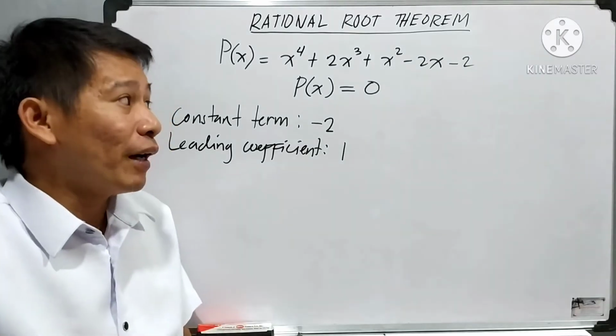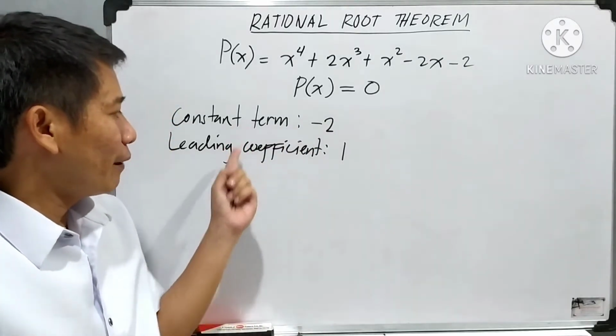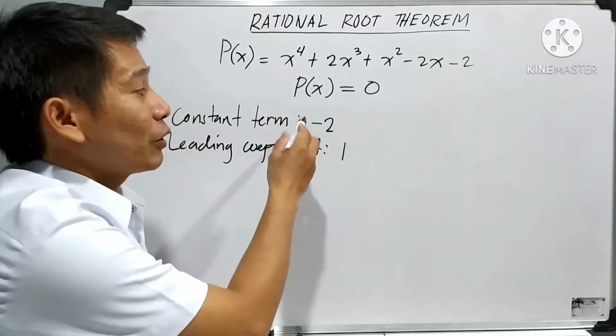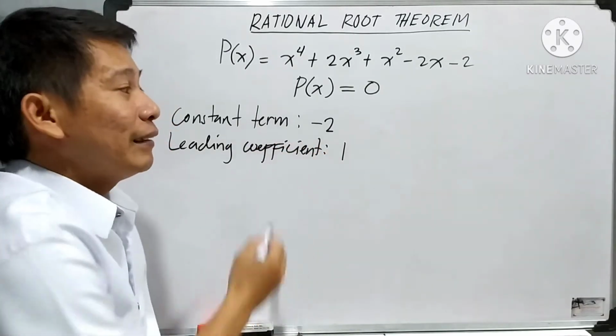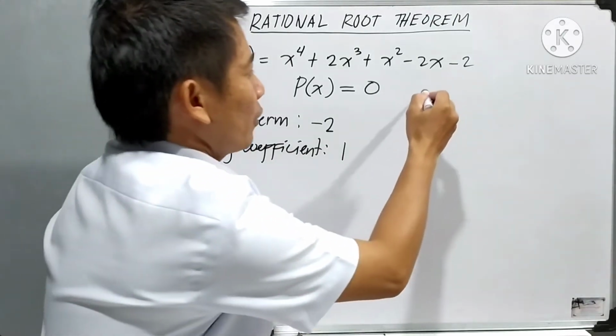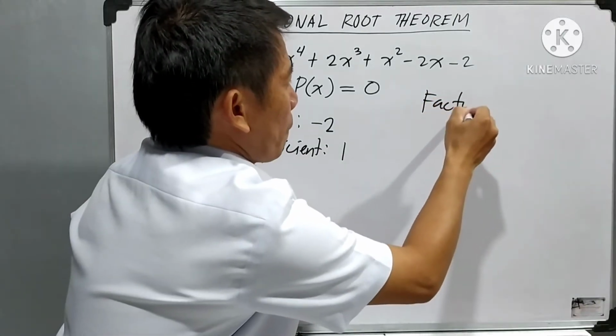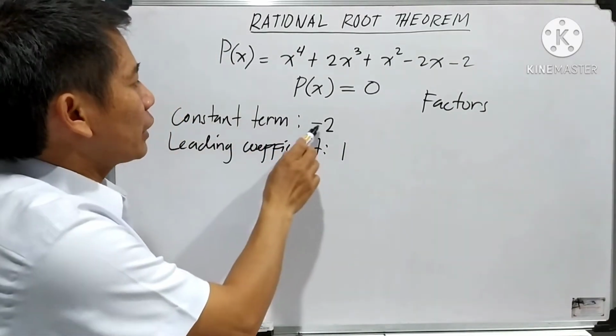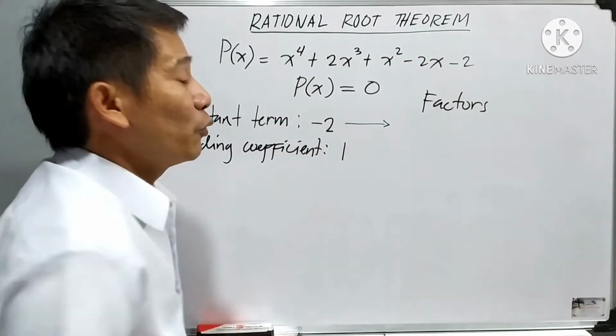So after identifying the constant term and the leading coefficient, we will list the factors of our constant term and the leading coefficient. So let us list the factors. What do you think are the factors of our constant term, negative 2?